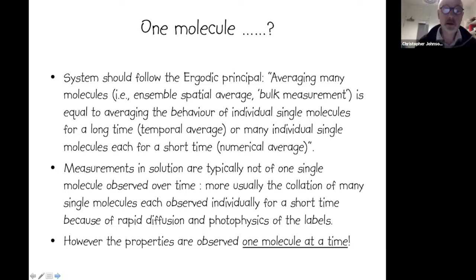And the reasons for this, as you'll see later in the talk, is because of rapid diffusion of molecules and also photophysics of the labels that we might be using. However, the really important point is that the properties of the molecules are observed one molecule at a time.